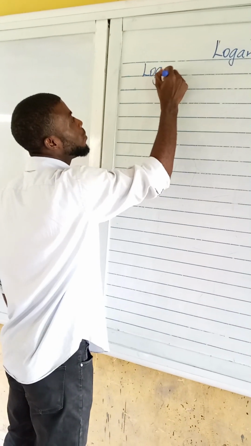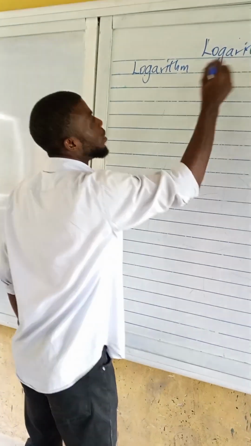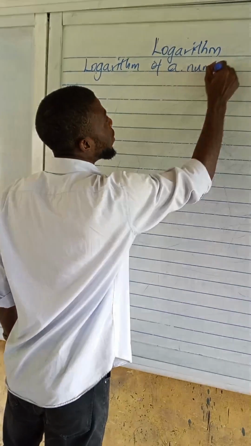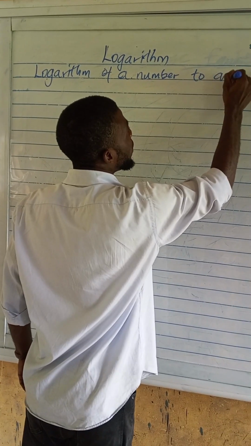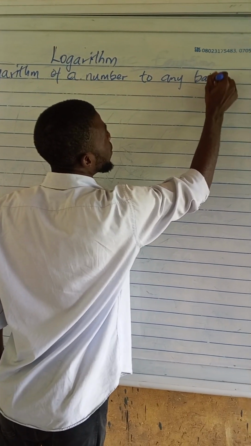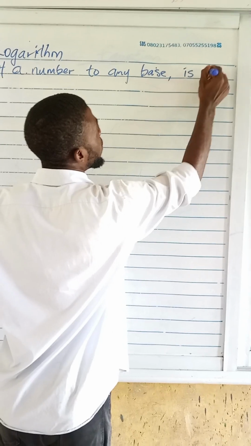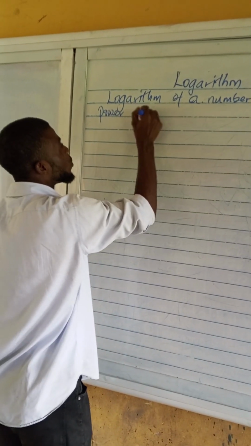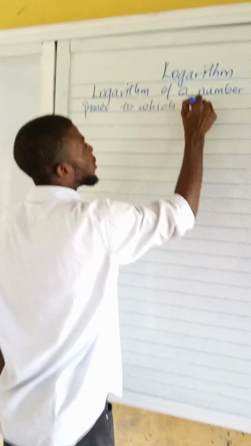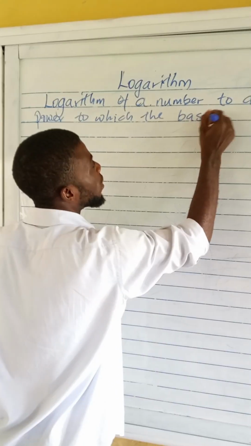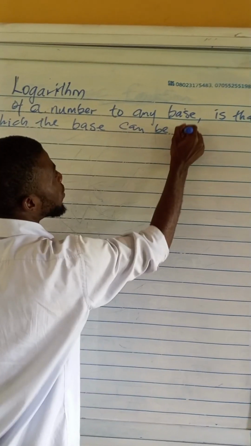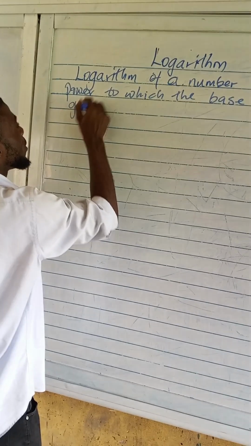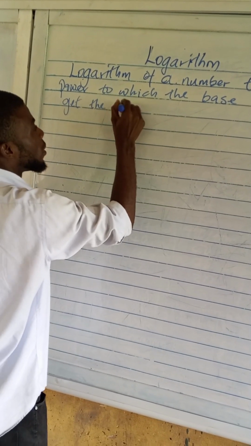So we said that logarithm of a number to any base is that power to which the base can be raised to get the number.